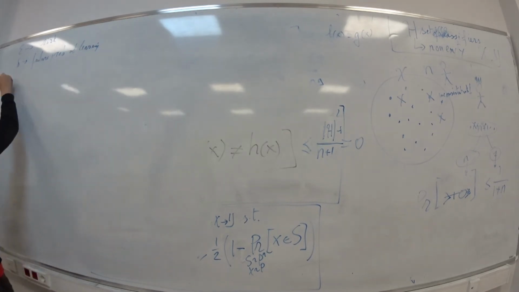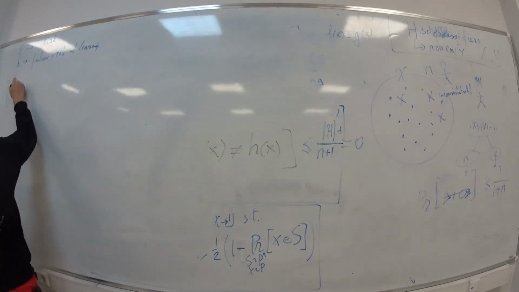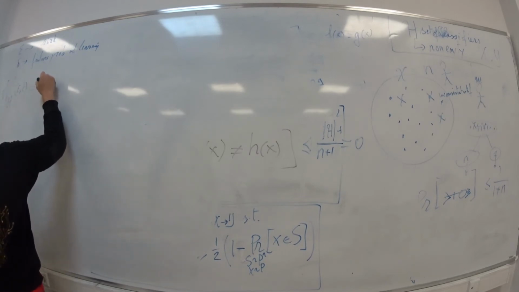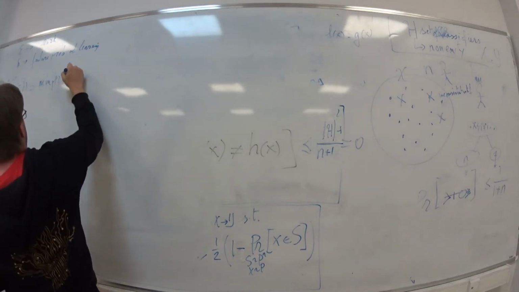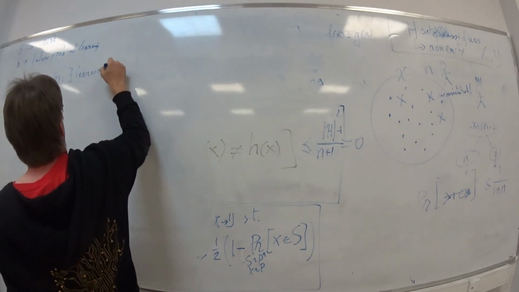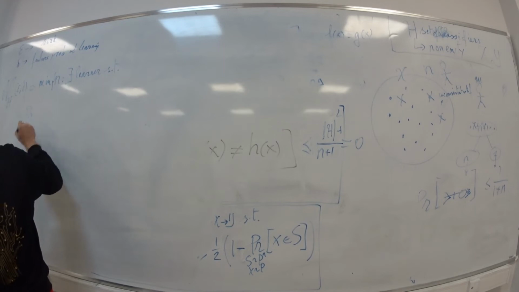So here is the definition: sample complexity for the hypothesis class H with parameters epsilon and delta is equal to the minimum size n of the training set, such that there exists a learner such that probability.